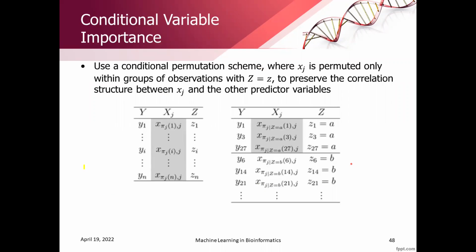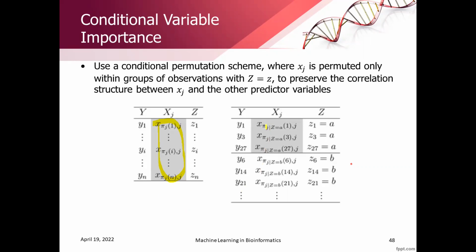And the last two slides, I think. I have said that if we have correlated variables, then this could be a problem for computing the variable importance. And instead of permuting the whole column, which is depicted here on the left, if we permute the whole column, maybe we will obtain false results.